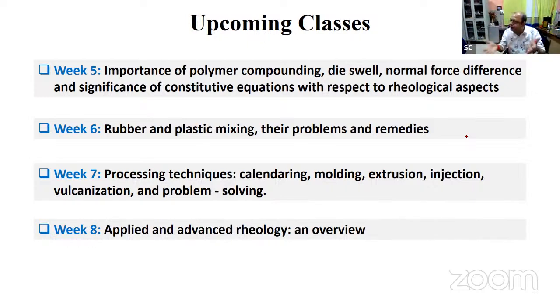My customer demands this should be the maximum surface roughness we can tolerate. So within that limit, give me a solution for a given particular case. You should be able to do that, and that is the essence of applied processing, basically applied rheology. This is where the course will ultimately take you.